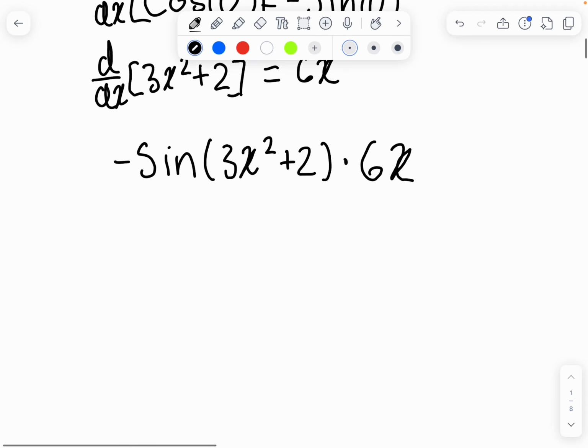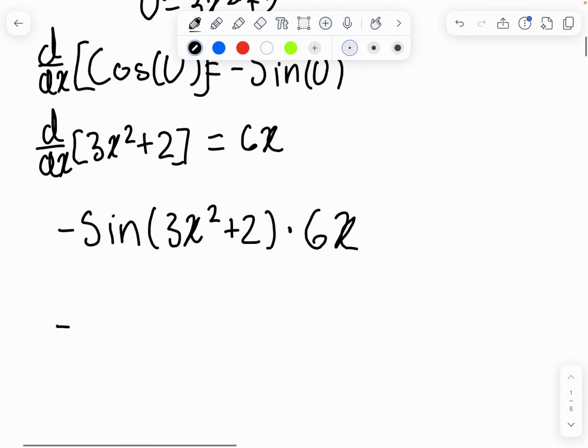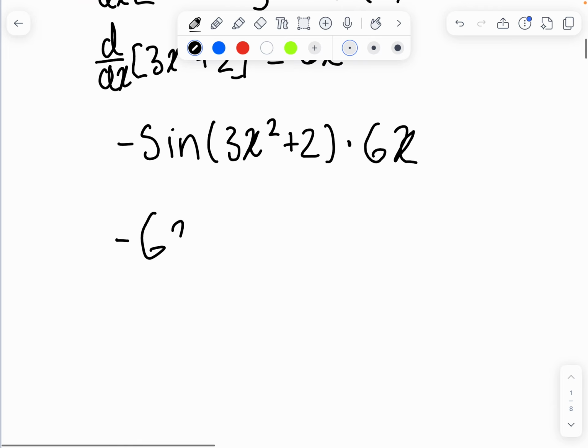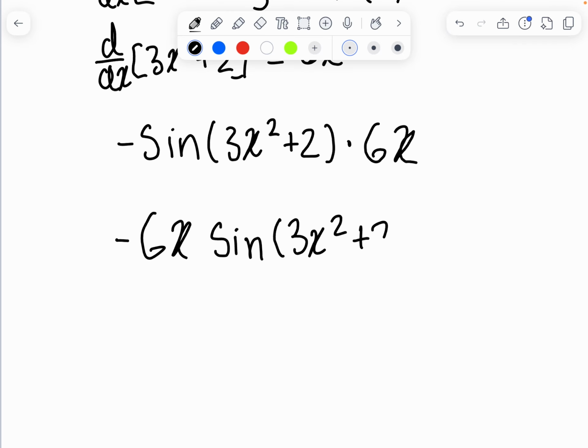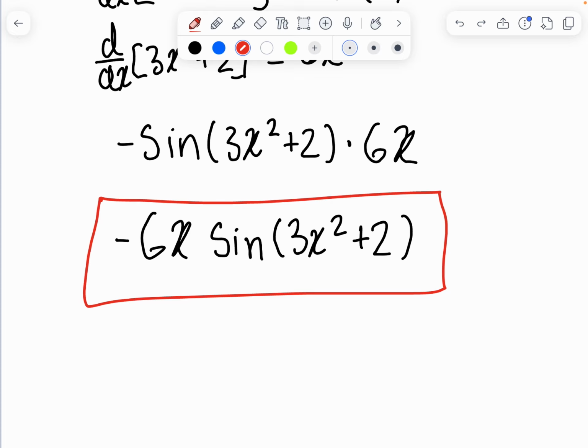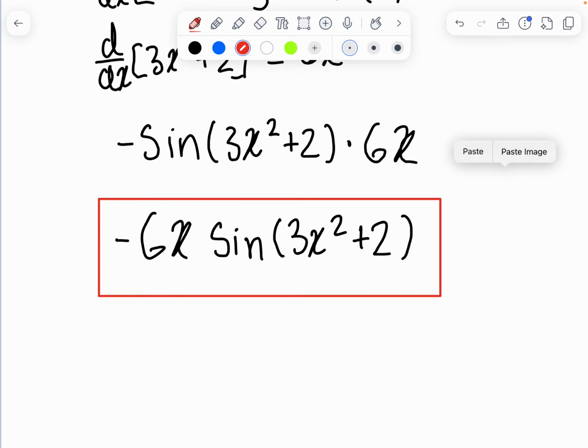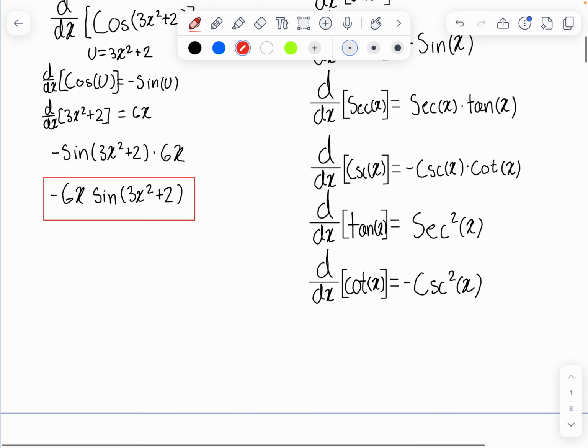So in the end, our answer is negative 6x multiplied by sine of 3x squared plus 2. And this is the answer. Okay. Hopefully you got that question right. And let's move on to some harder questions.